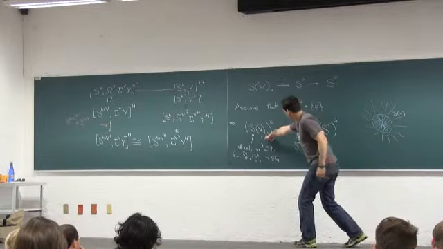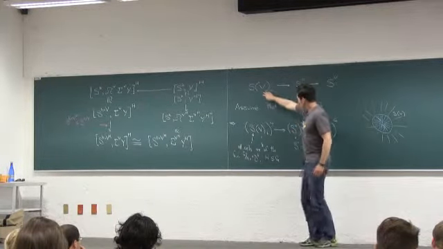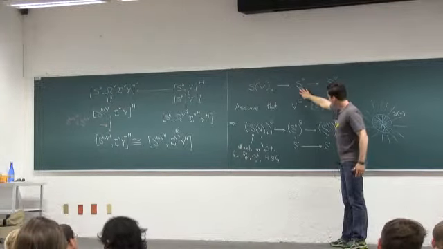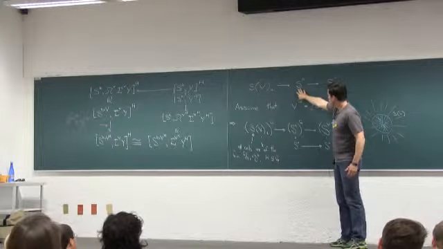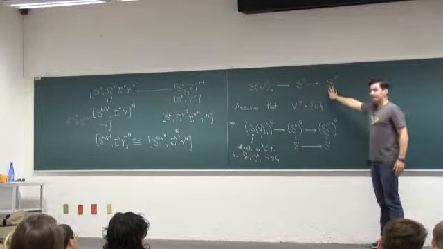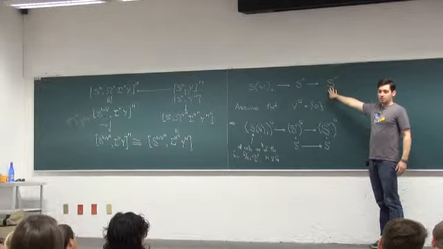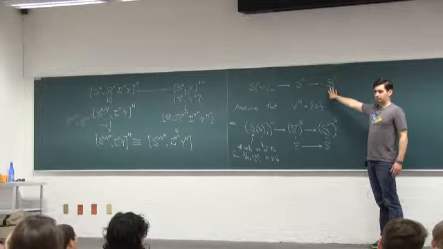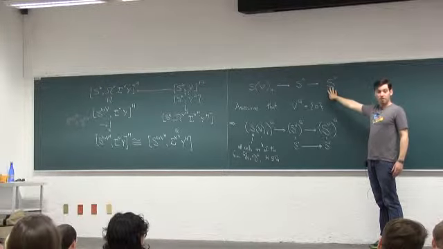So passing through this cofiber sequence then, everything here has a proper stabilizer. This is the zero sphere. That means the difference between this as a GCW complex and this as a GCW complex are cells with proper stabilizers. And in fact, I know what those cells are.